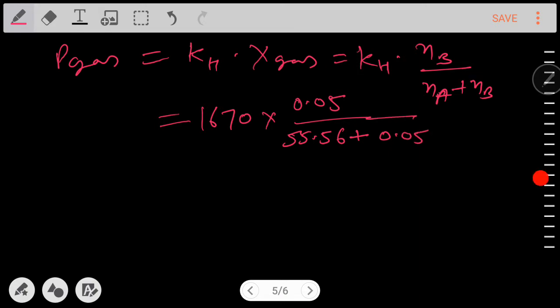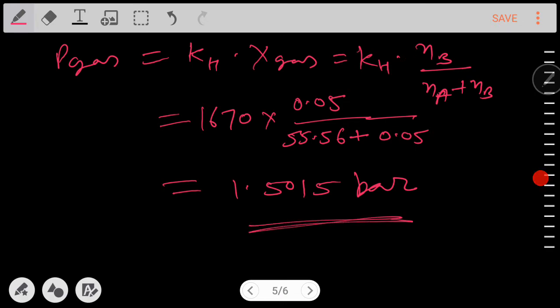If you solve it, you will get your answer, and that is 1.5015 bar. Why is the unit bar here? Because KH is in bar, so P gas will also be in bar. So this is your final answer.